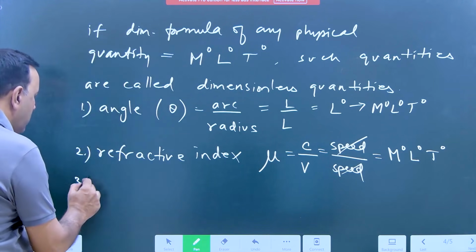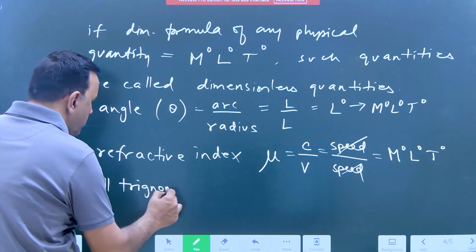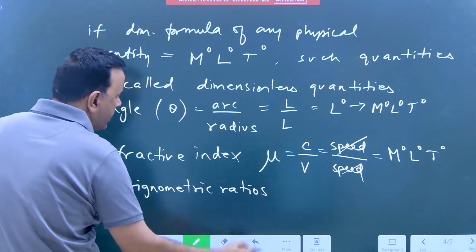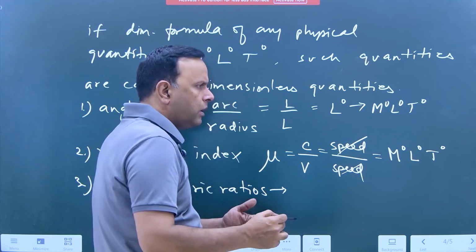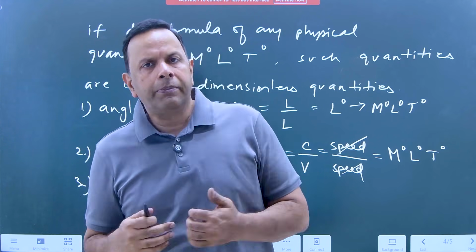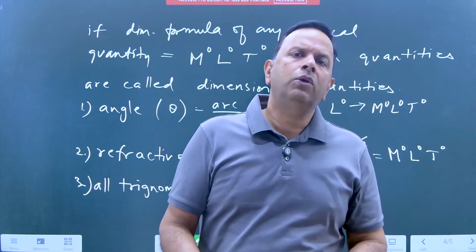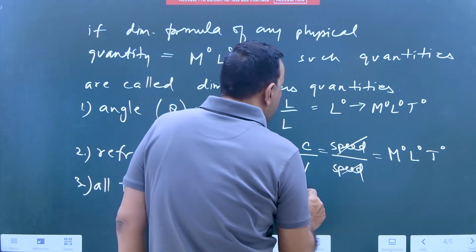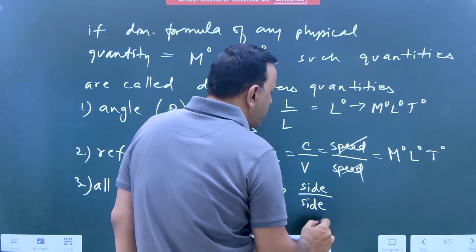One more example, all trigonometric ratios. I'm sure you must be remembering sine theta is perpendicular upon hypotenuse, cos theta is base upon hypotenuse, tan theta is perpendicular upon base. Whichever trigonometric ratio you write, doesn't it involve the division of one side by another side?